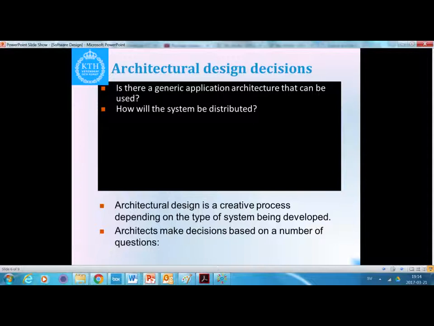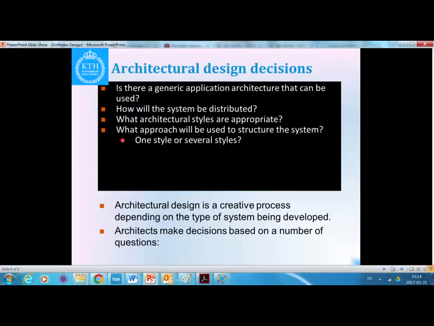You will have to check how the system is going to be distributed. Is it going to be developed on one node, or across several nodes? You will have to identify what architectural styles are appropriate. So you will have to choose a subset of them, and out of this subset you may choose only one.